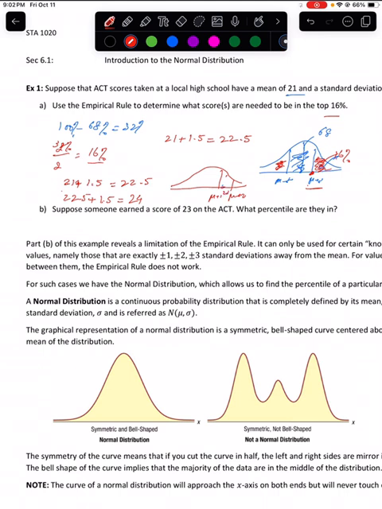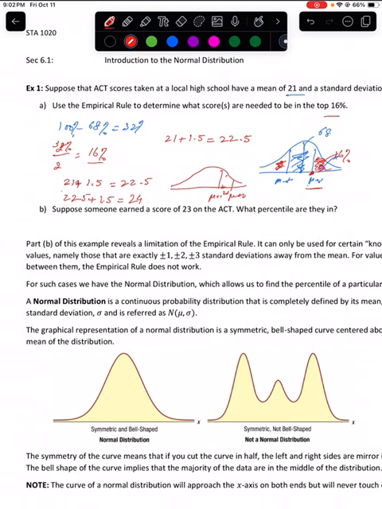Because it is in between those, we cannot use the empirical rule for this. So what do we do then? We use the standard normal distribution, or standard normal distribution tables.